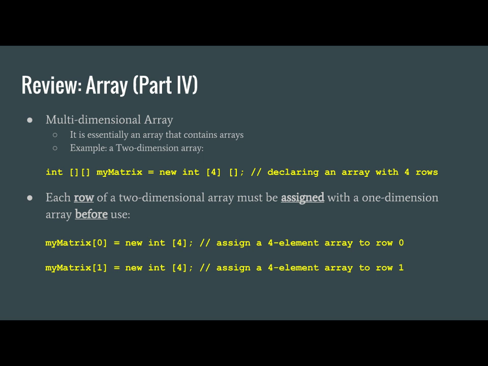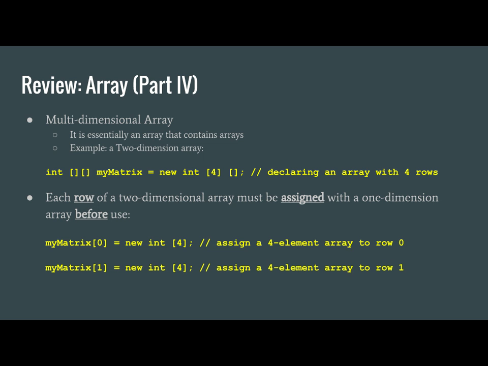So for instance, for the 0th row, I assign a new array to it. So the 0th item in this 2-dimensional array will be a 1-dimensional array with a size of 4. And to the first item in my matrix, I assign another 1-dimensional array, which has a size of 4.